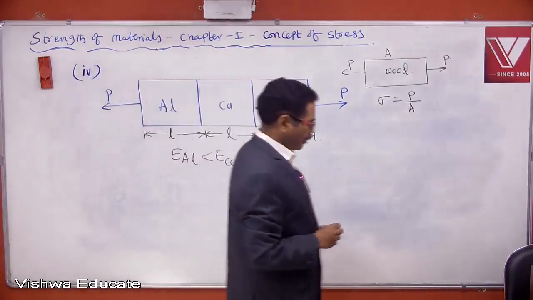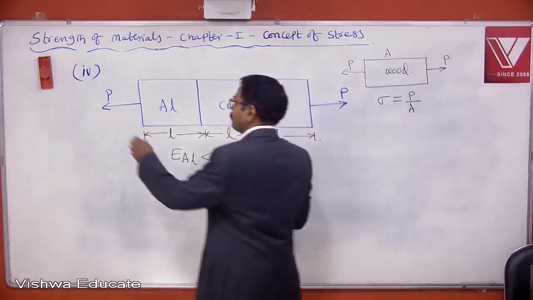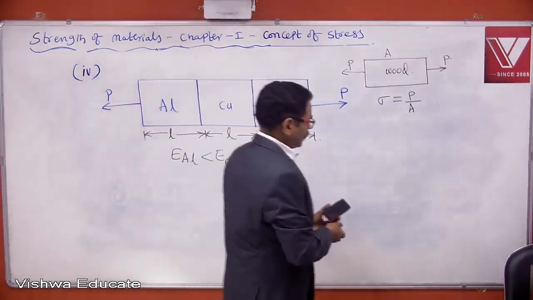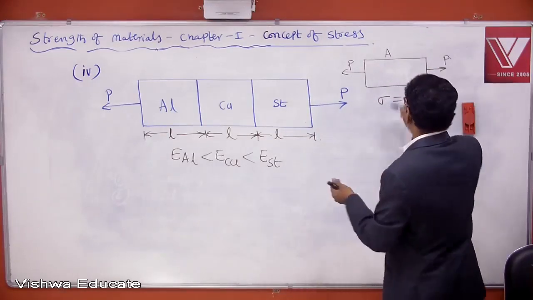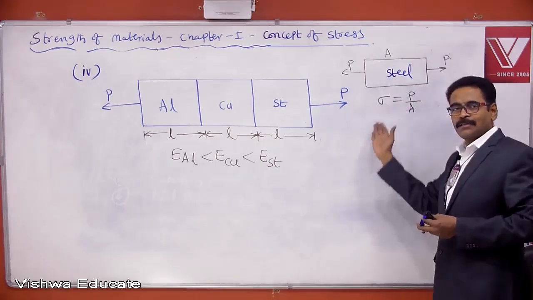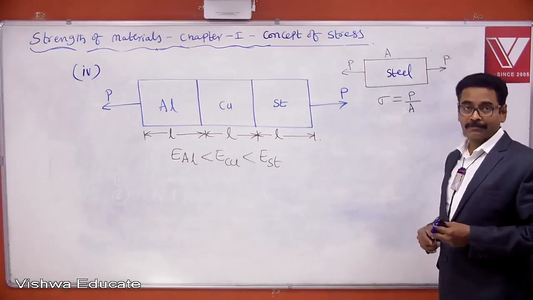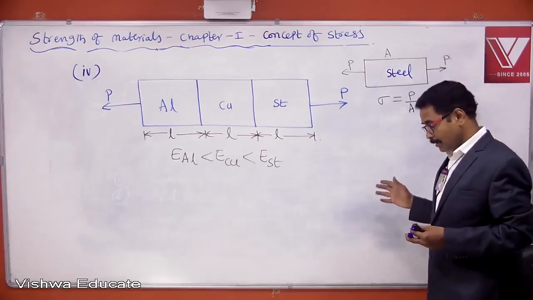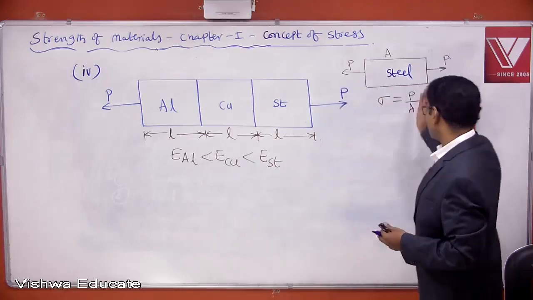Now, this is not a wooden bar. Maybe this is a steel bar. What is stress in this steel bar? Again P by A, or something different? Wood is different, steel is different, their properties are different. But what is stress here?